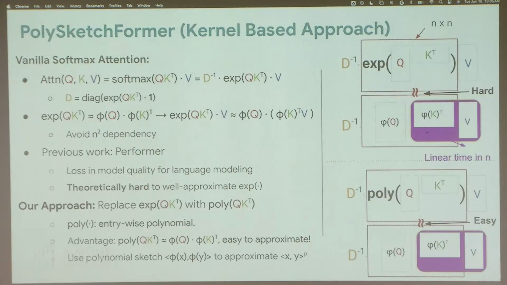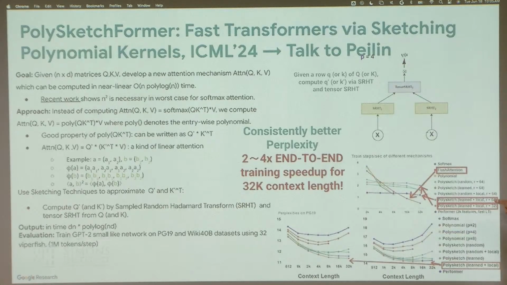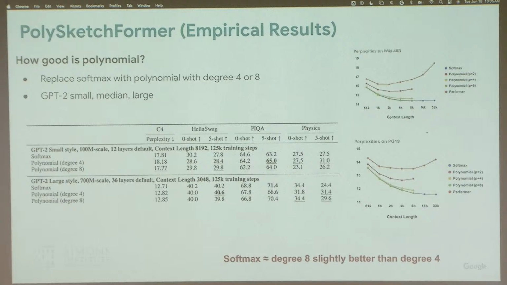So I guess I really have to stop, or maybe. So yeah, the general idea, and you can talk to Pelin more, is that the first thing to observe is that if we change the softmax to a polynomial without sketching it, if we go to a polynomial of degree 4 or 6, let's say 8, we don't have any loss in perplexity, but then we have to sketch it as well.